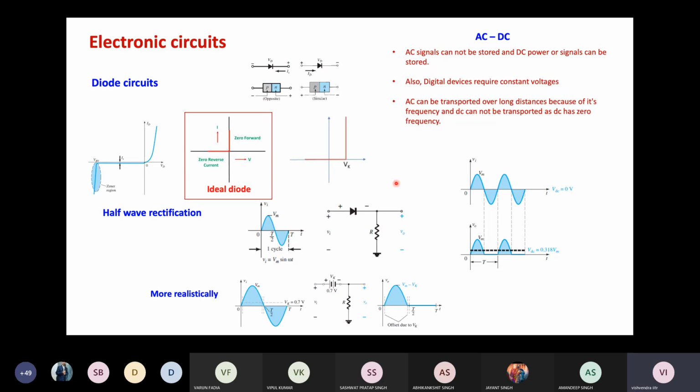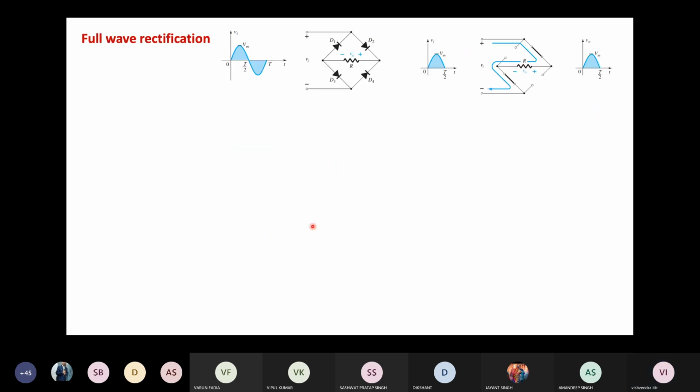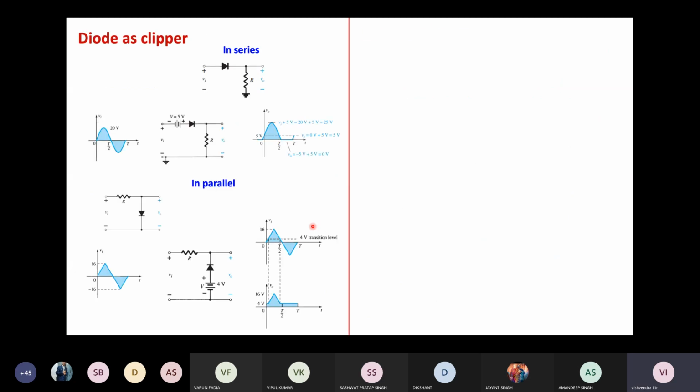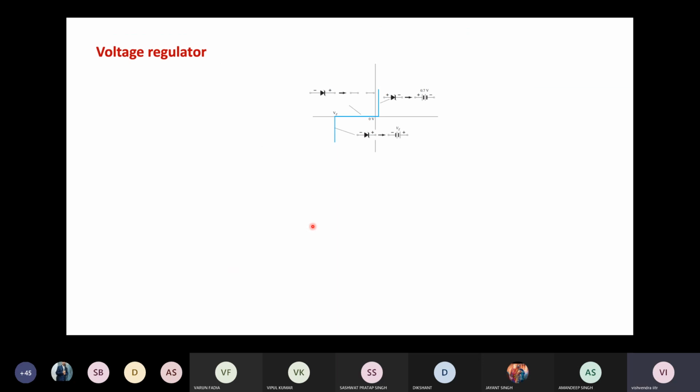I guess most of you would be aware of these. First are the circuits made out of diodes. So we have the half-wave rectifier, and a rectifier is an AC to DC conversion device. Then the full wave rectifier, diode clipper, diode clamper, and voltage regulator using diodes.